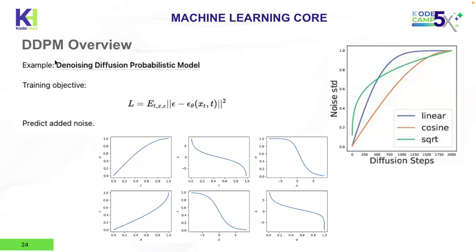We call it DDPM, denoising diffusion probabilistic model. For each diffusion step, this is a chart that shows how much noise is added. Depending on the method you're using for adding noise, you could use square root, that's the green line, or a linear approach, or a cosine.